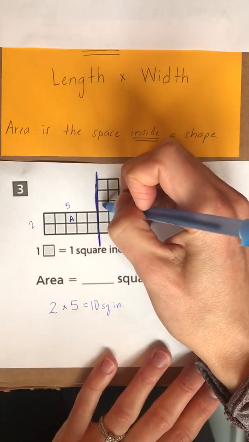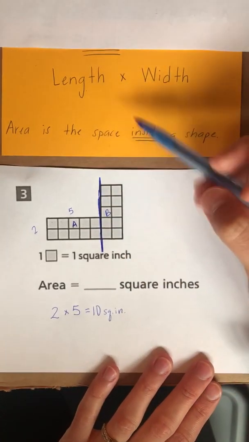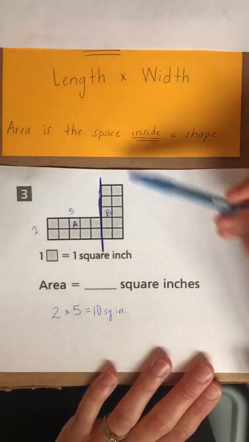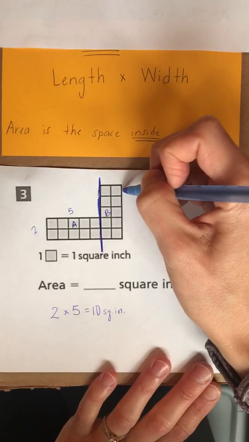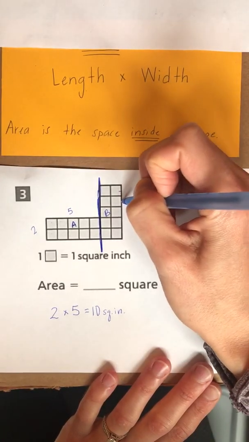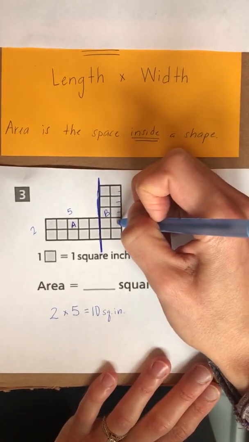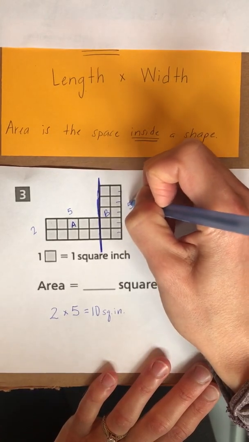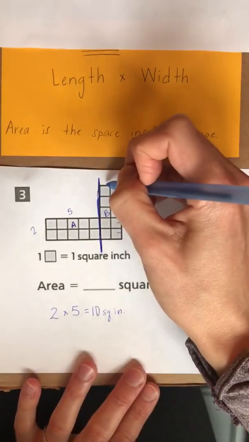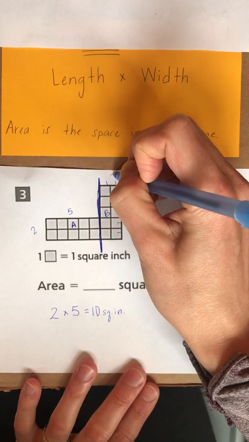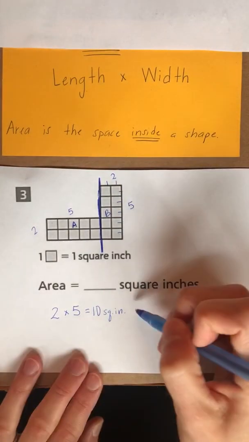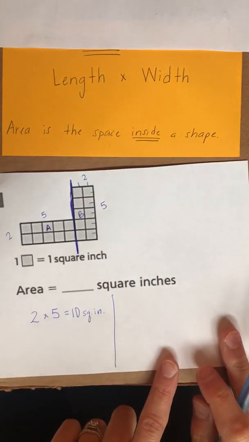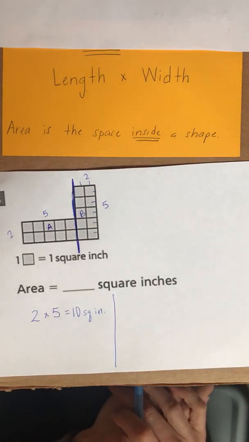Now we have to find the area of B. What is the length of B? Well, they don't tell us, so let's use our squares to count it up. 1, 2, 3, 4, 5. Good. 5. And our width is 1, 2. Good. So pause your video, and over on this side of your paper, tell me what the area of B is.